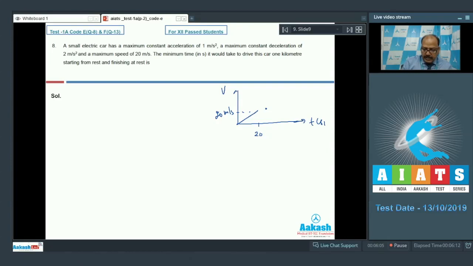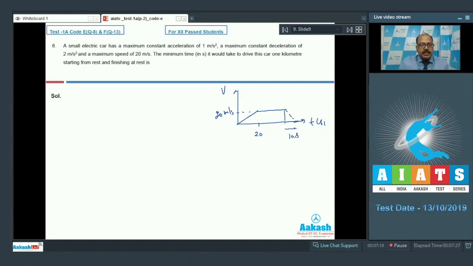And let's say for some time it moves with uniform velocity of 20 meter per second and then it decelerates to rest. Since magnitude of maximum deceleration is twice the magnitude of maximum acceleration, it will take half the time to come to rest. That means this time interval is only 10 seconds, right?